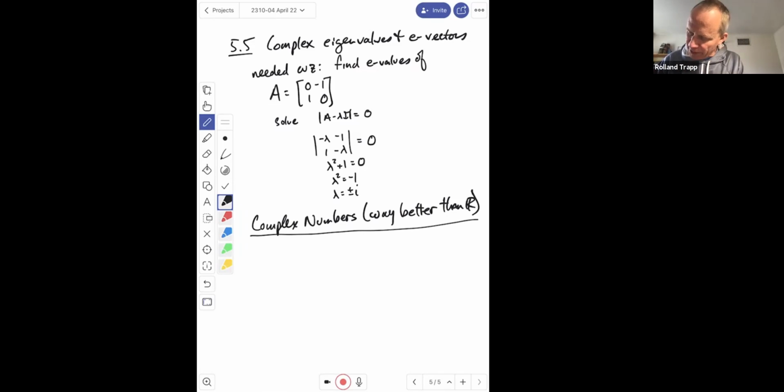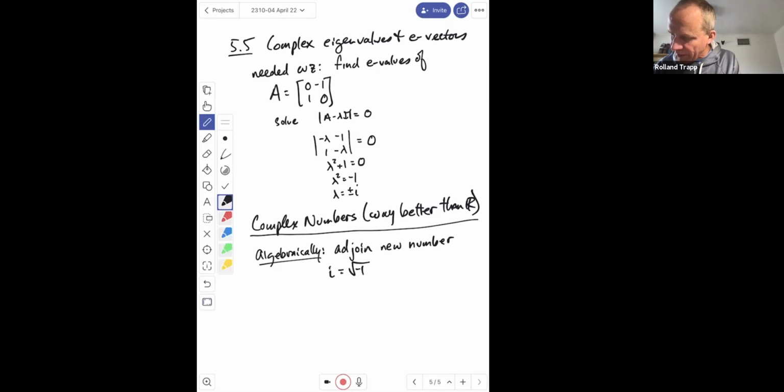So algebraically, you adjoin a new number. Adjoin is a technical math term. You adjoin a new number, and that new number is i, which is the square root of -1.